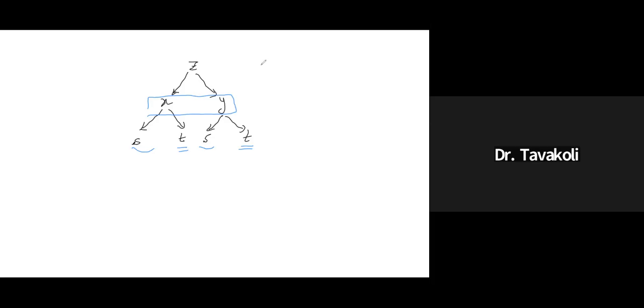So the chain rule in this case will be as follows. For the partial derivative of z with respect to s, let's see how we can find this.